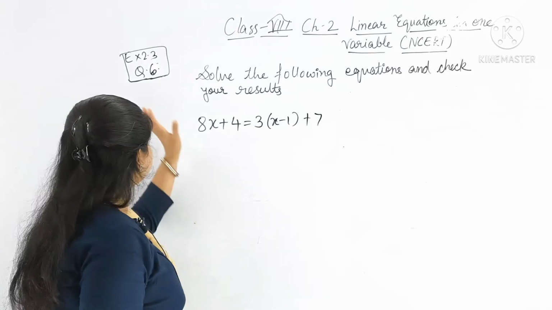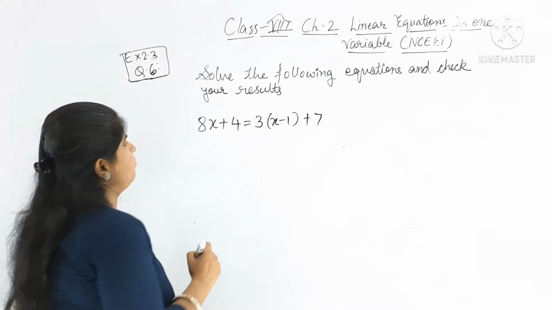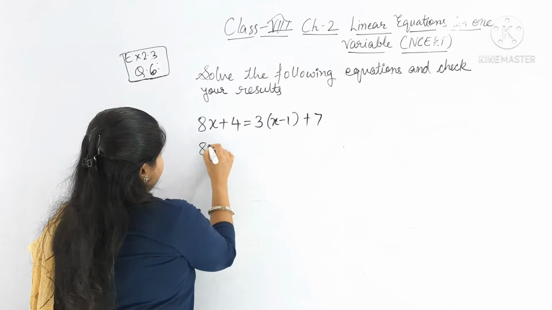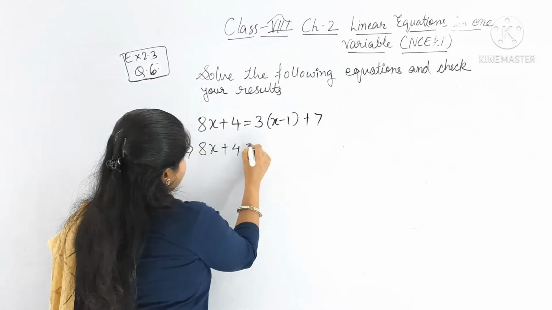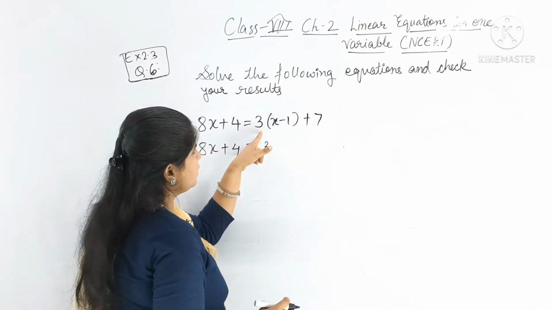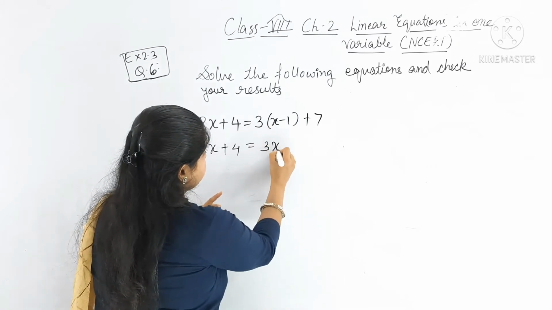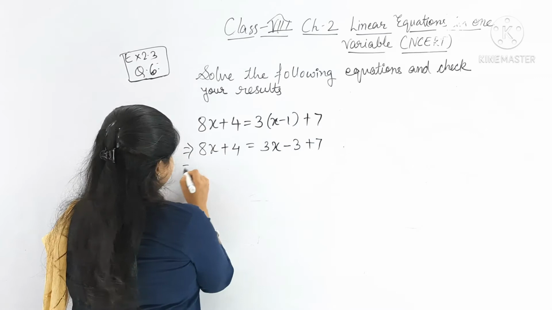Okay students, now let's see question number 6. Here it is some equation. Okay, so we have to solve this bracket one first. 8x plus 4 is equal to, we have to open this bracket. So it is multiplication with 3. So 3x minus 3 plus 7.